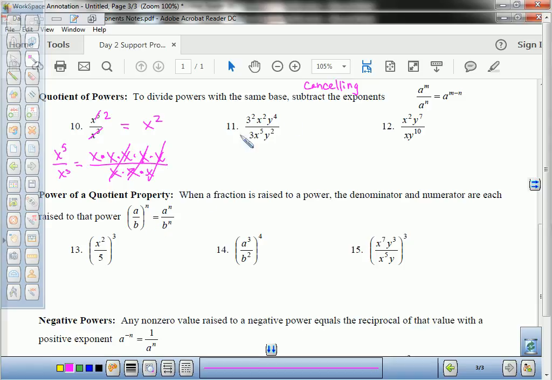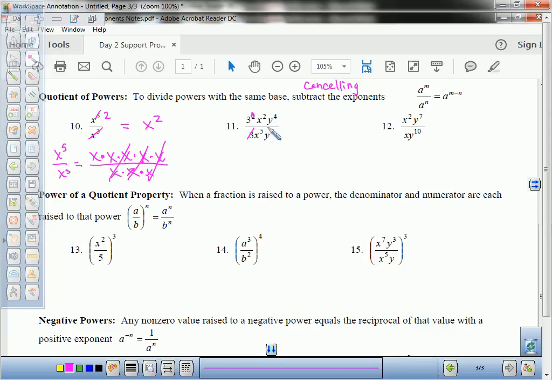Okay, it's going to help us on this problem if we think of it as canceling. Now, here I have 1 3. Here I have how many 3's? 2. So one of these is going to cancel out with one of those and just leave 1. And then here I have x squared over x to the 5th.